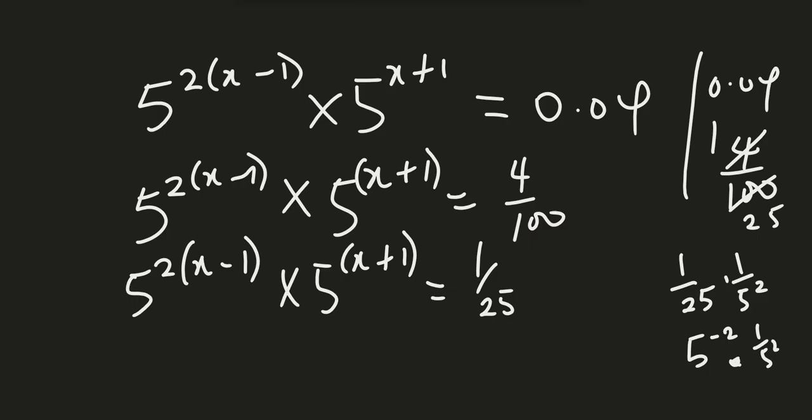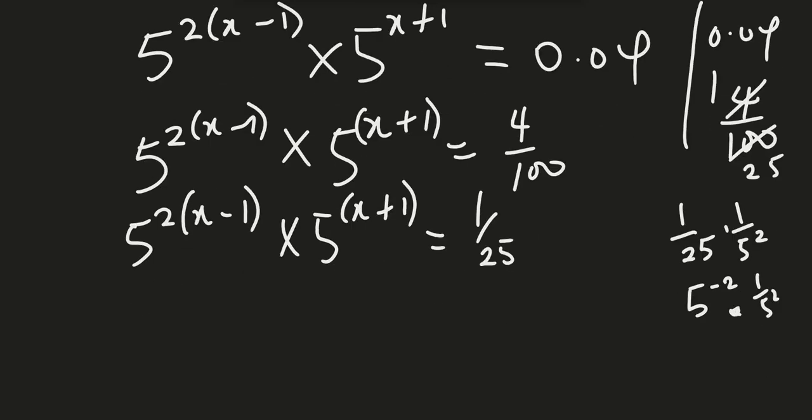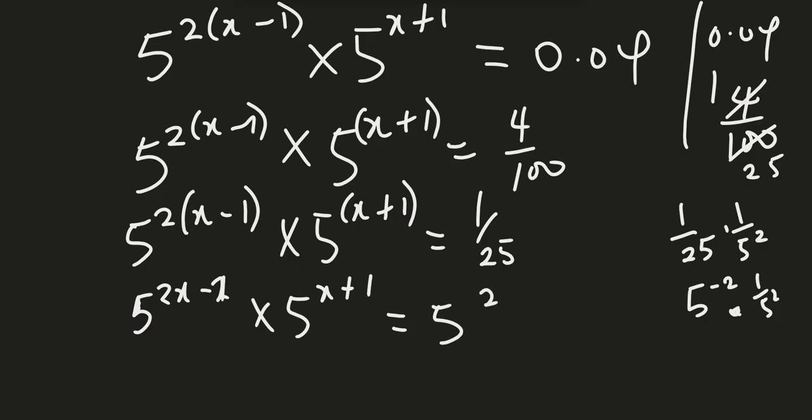So we're balancing this equation here. And we're going to have 5 raised to the power of 2x minus 1, sorry, minus 2, times 5 raised to the power x plus 1 equals 5 raised to the power minus 2.